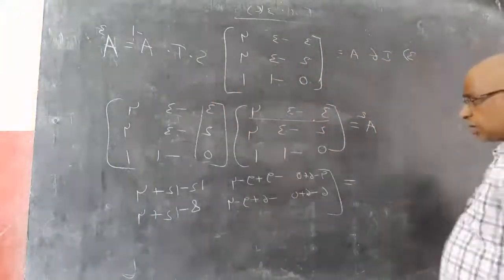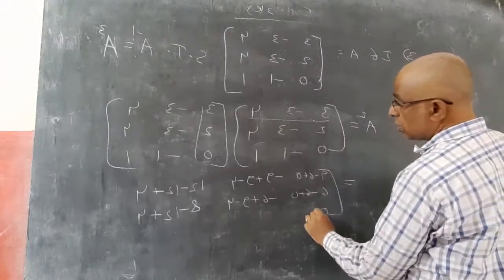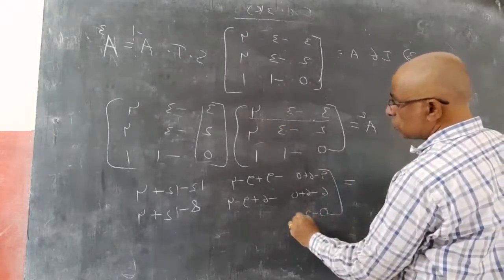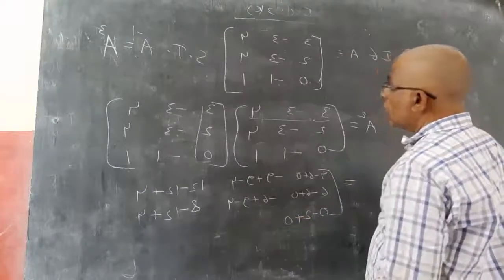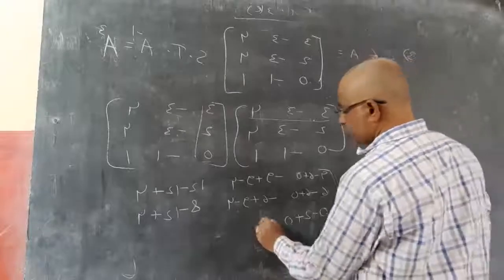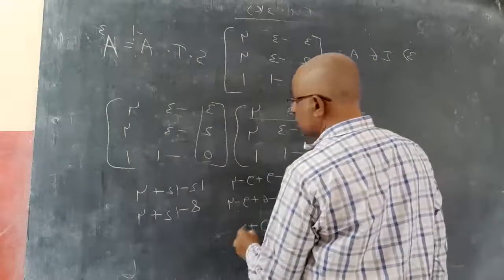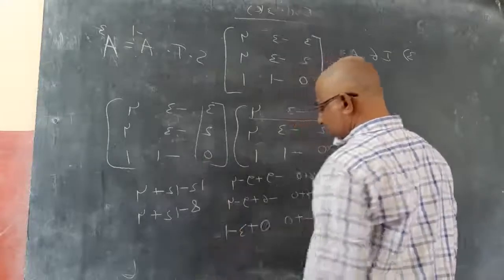Next, coming to here, 0 minus 2 plus 0. Next, 0 minus into minus plus 3 minus 1.